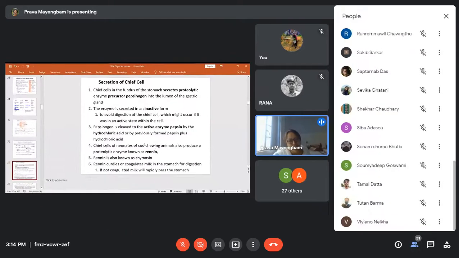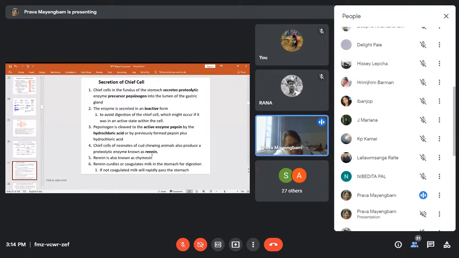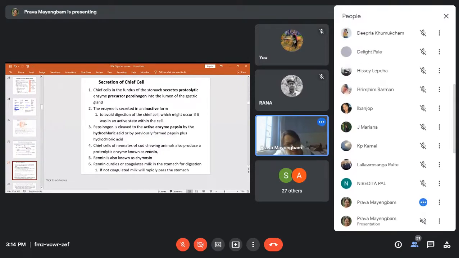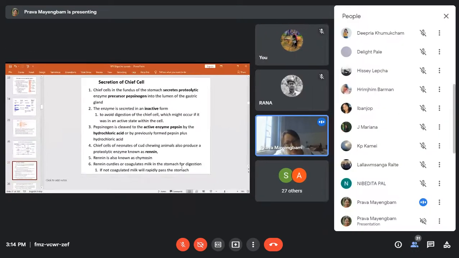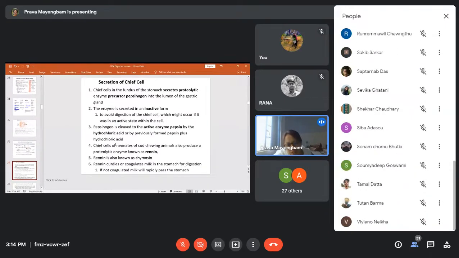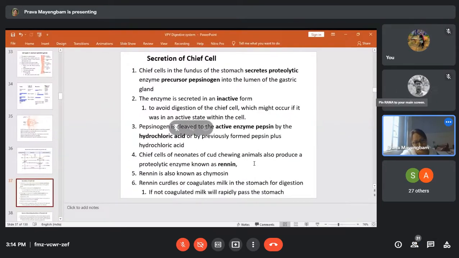Okay, so this rennin helps in coagulating the milk in the stomach of the neonates of cud chewing animals. Because if the milk is not coagulated, it will easily pass on to the successive portions in the digestive tract.